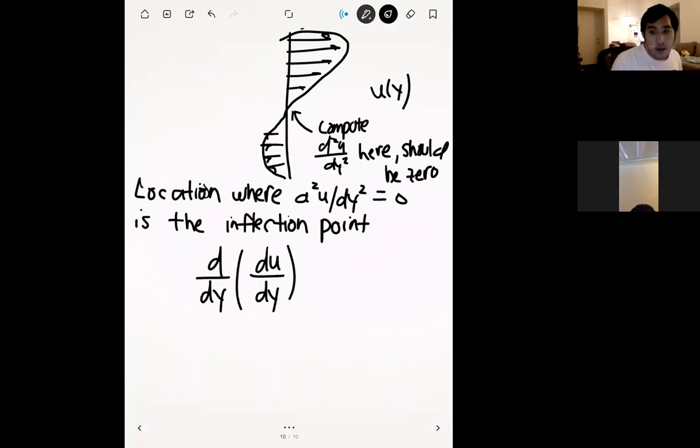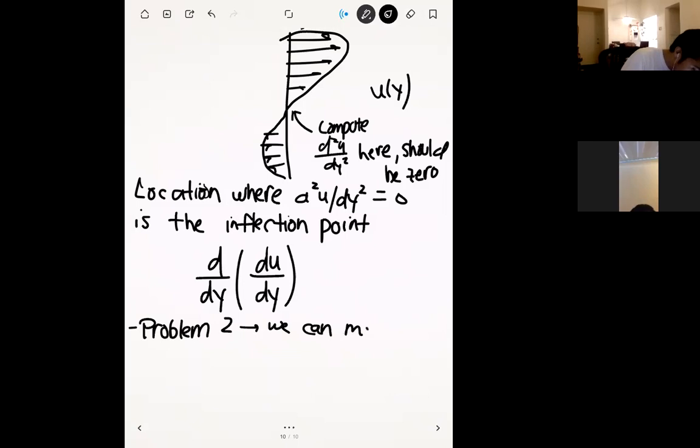And so with that in mind, what I asked you to do for the homework is a very unique case. While it's true that you can make the second derivative equal to 0 in the homework, okay?